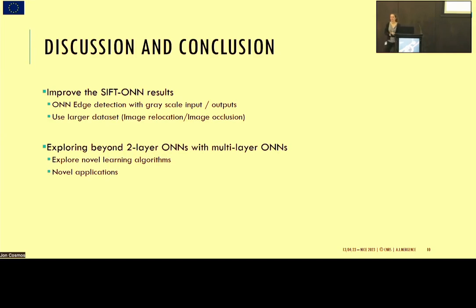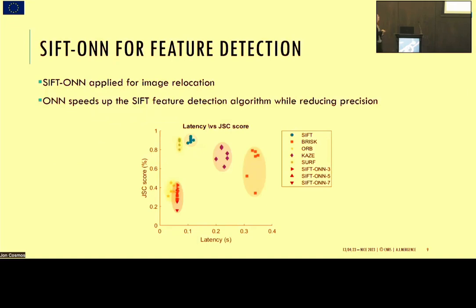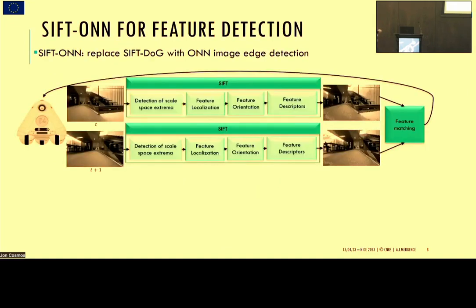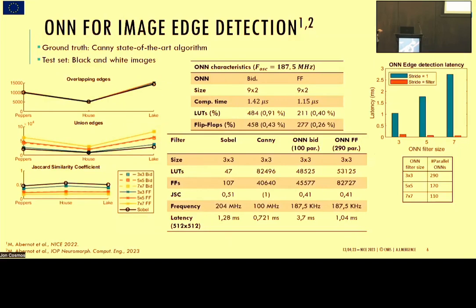On the speed constraints of this, is that mainly because of the amount of time you have to wait for the cycles to align with each other? Yeah, this is the time for all the neurons to stabilize to a stable state, so we can measure the phase and consider this the output.